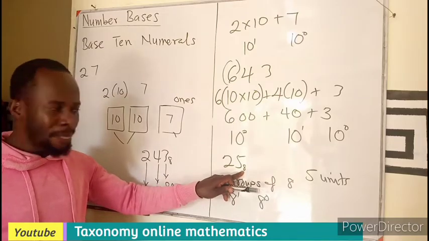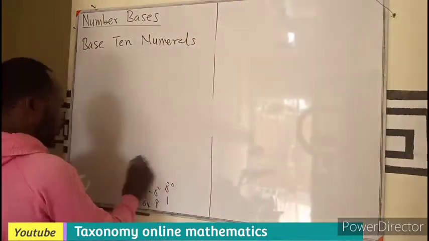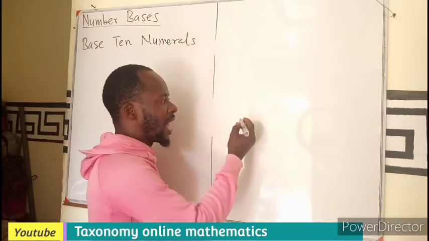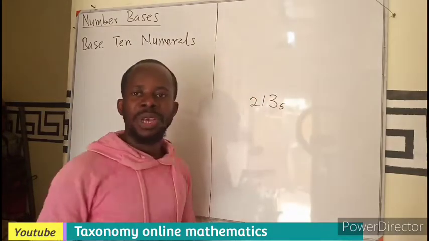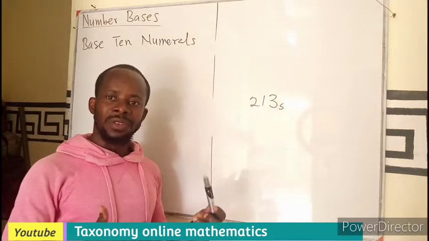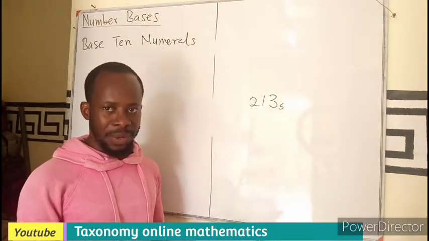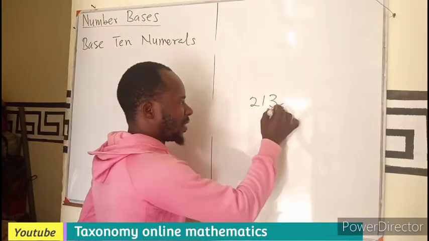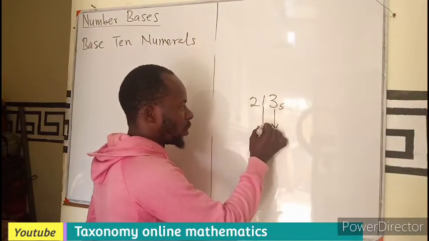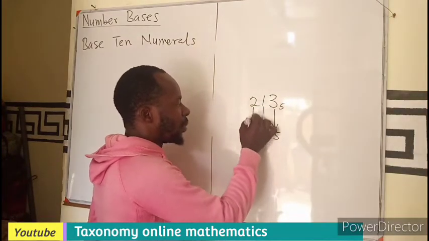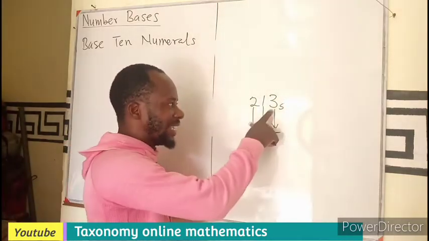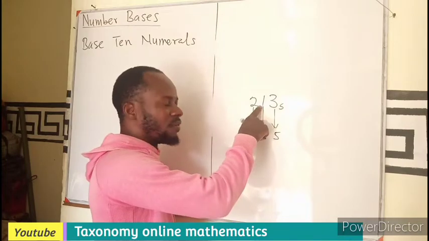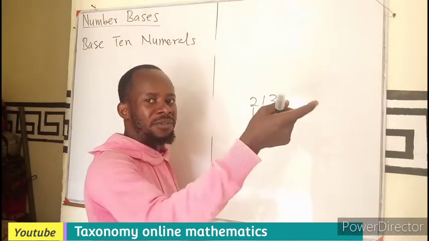So in any base at all, we can deduce its place value, provided the base is indicated. Alright. Let's say I have base 5 and I'm asked to indicate the place value. We know that this is in base 5, so each of them has to be a position of what? 5. But for me to get this as ones, this is one group of 5.